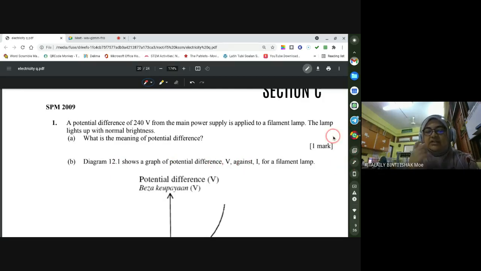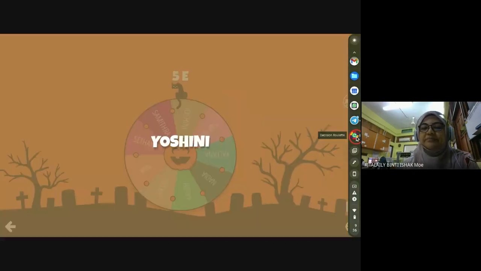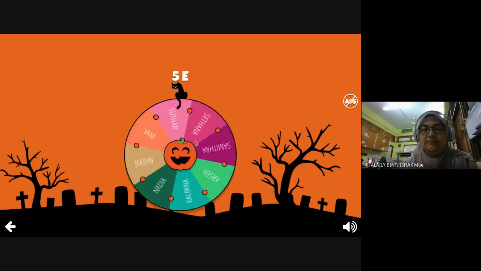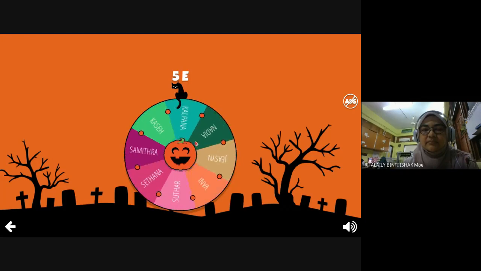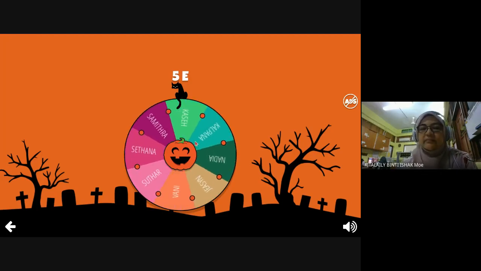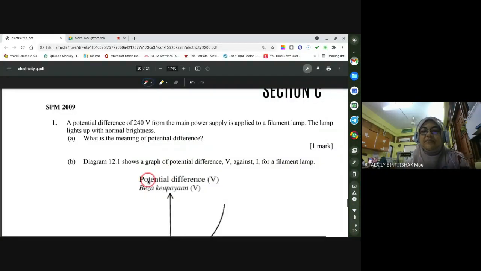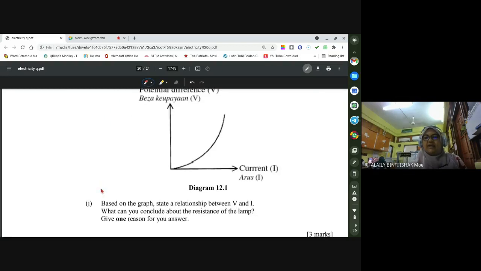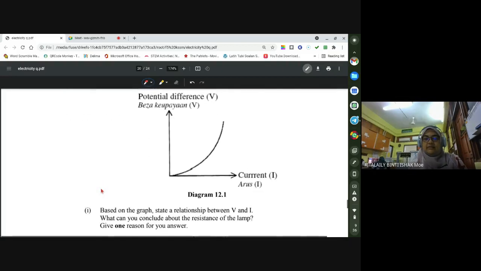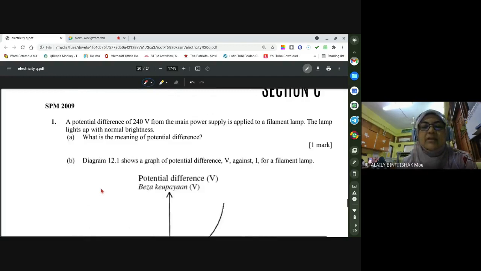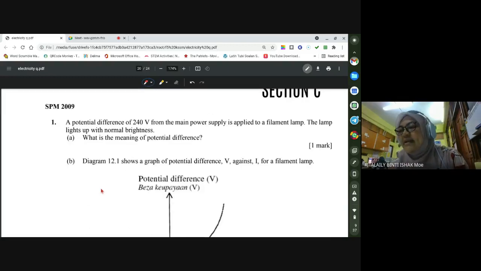This one is Section B. Okay, so Kasih, please give the answer for SPM 2009, question 1A and B. Okay, B has B1 and B2. So what is the meaning of potential difference, Kasih?